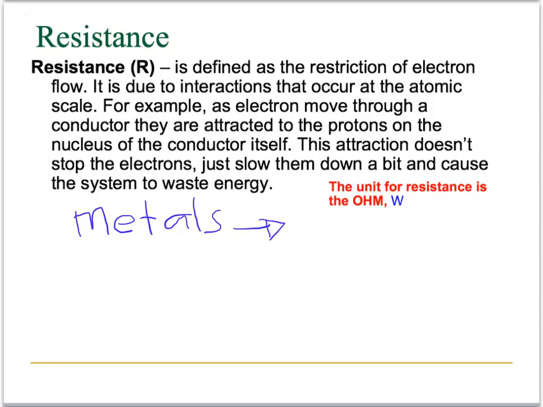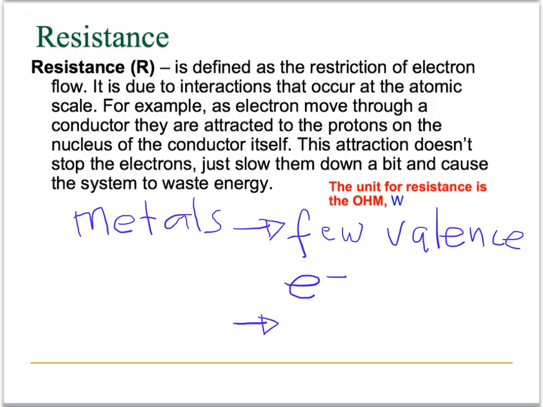Now, why is it that metals are very good conductors of electricity? The reason is that metals have few valence electrons. The valence electrons of metals range from 1 to 3. Since the electrons are very few on the outer energy level, they could move freely and really fast.